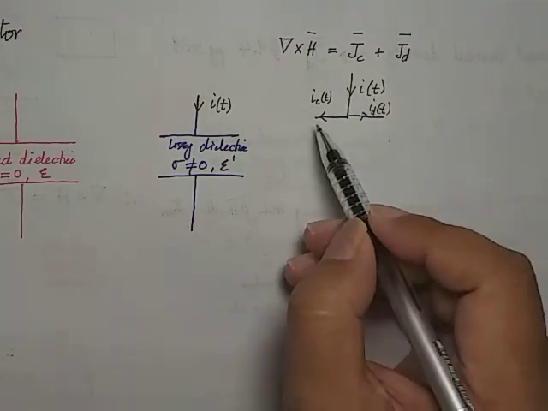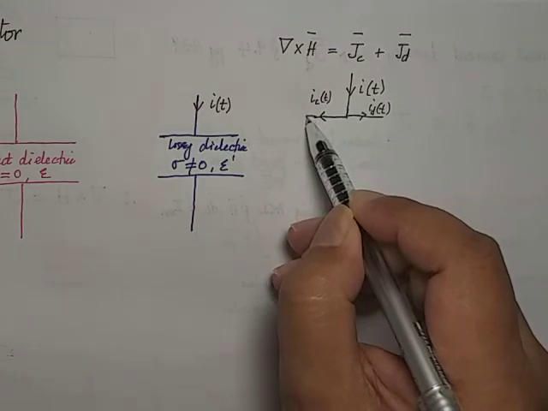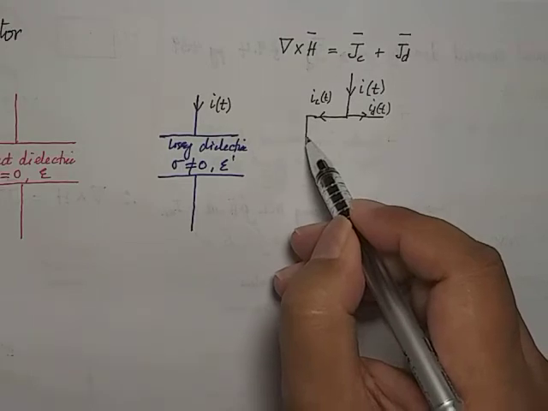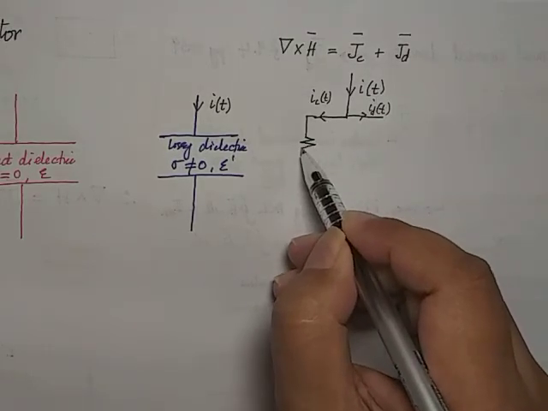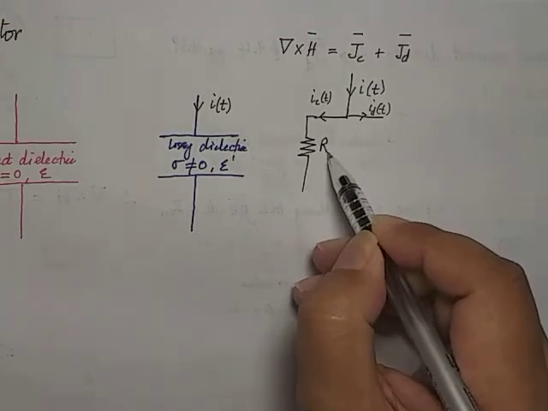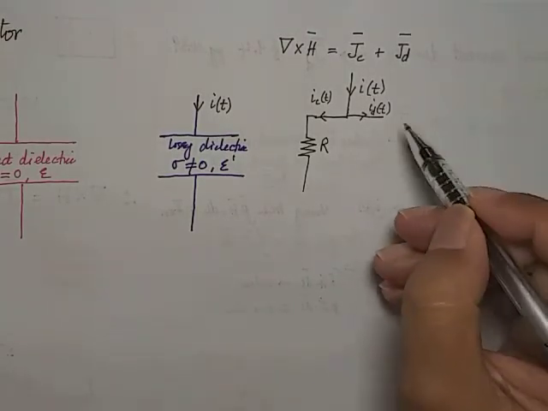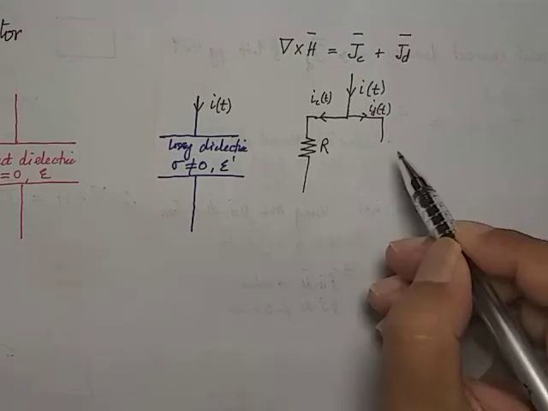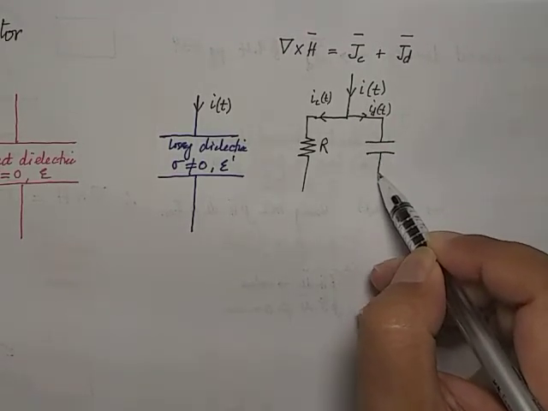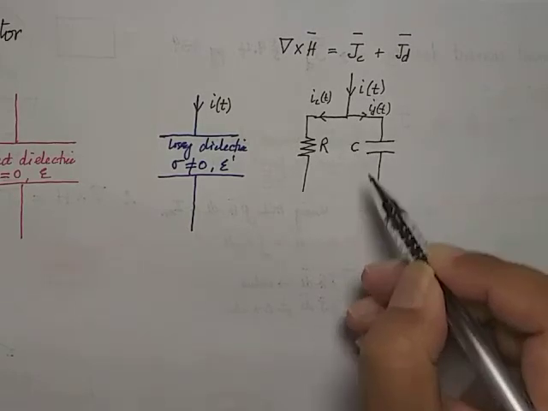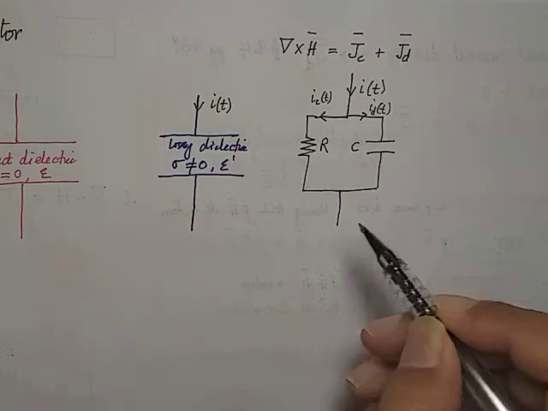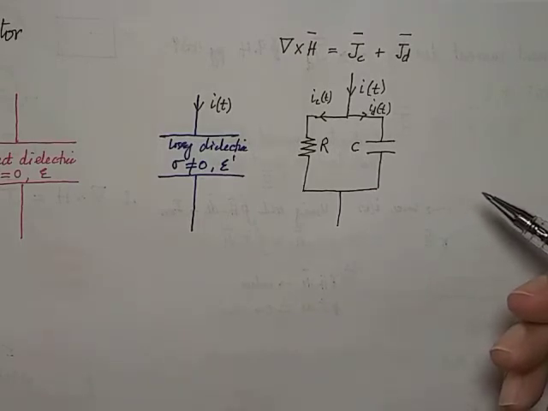Now, in order to make it clear, I'm going to add extra information, the lumped element. The element that represents conduction current would be known as a resistor, whereas the element that we use to represent our displacement current would be a capacitor. That should be our equivalent circuit of a lossy dielectric.